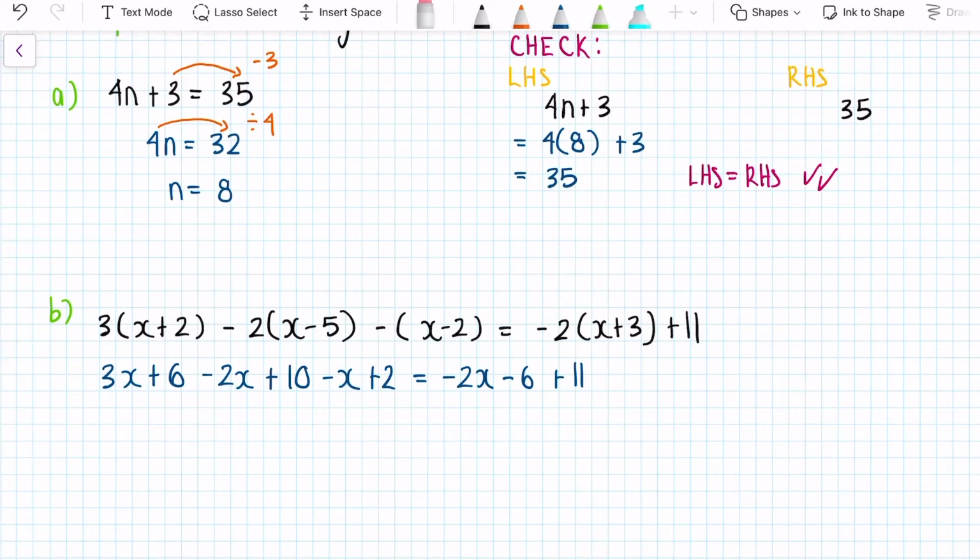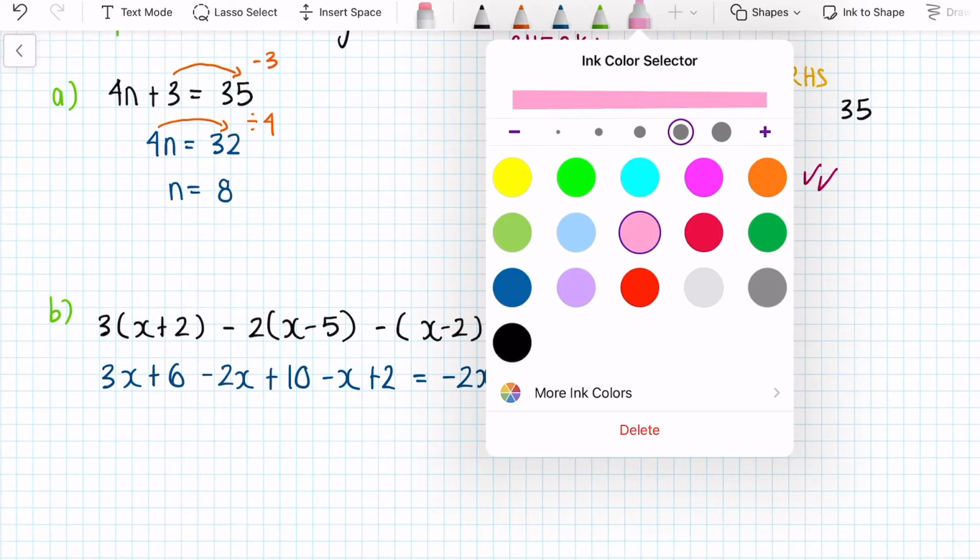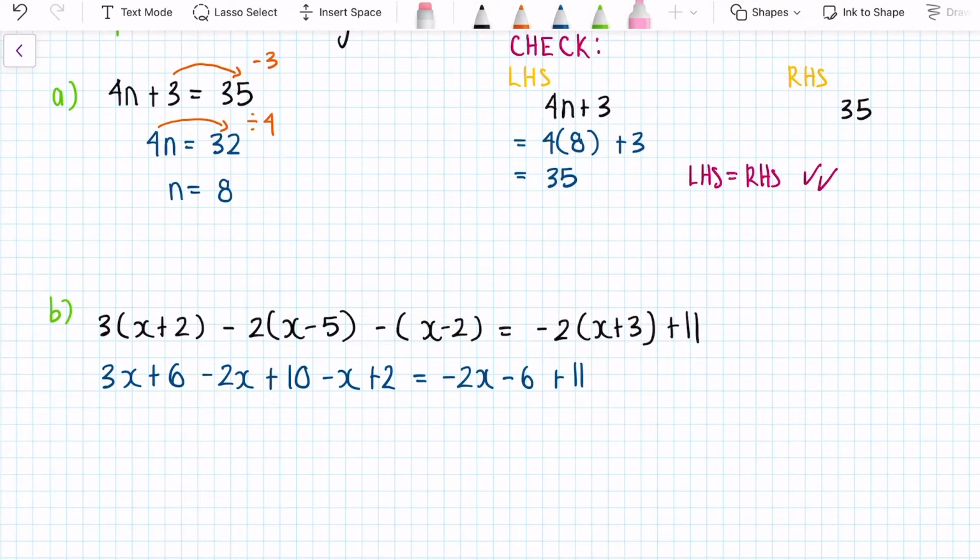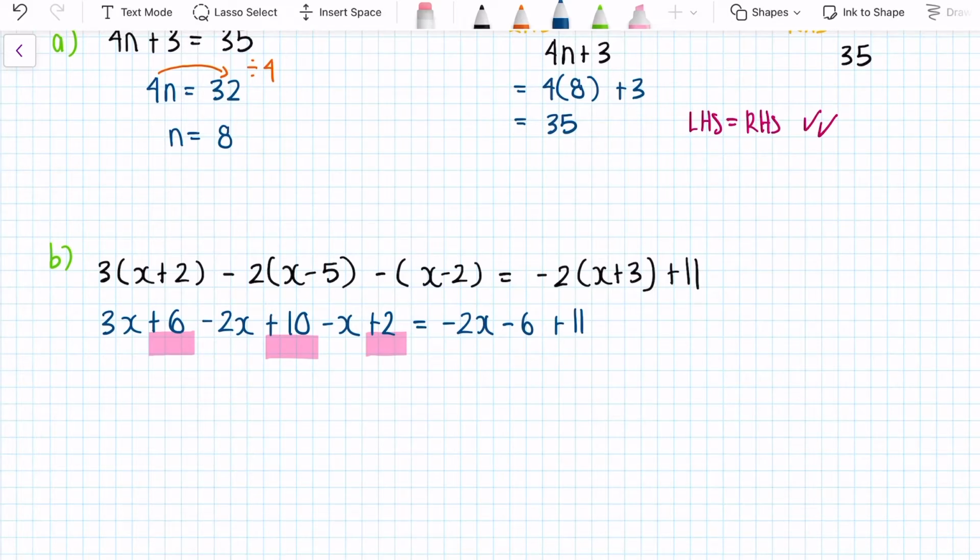The next thing we're going to do is we look at our numerals on the left-hand side. So we have 6 plus 10 plus 2. And that's going to give me 18. So there's 18. And now I'm going to look at the right-hand side. On the right-hand side, I have negative 2x.